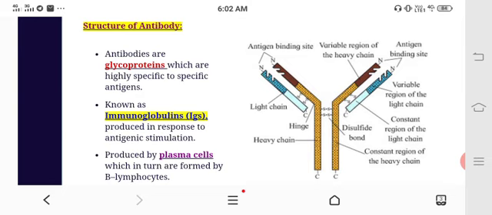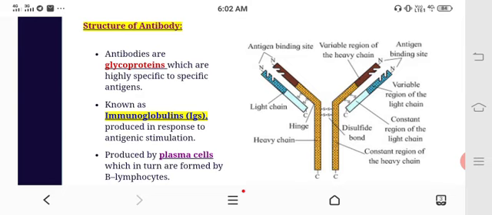These chains are held together, between the H chains and light chains, and the L chains and H chains. So these four polypeptide chains are held together by means of disulfide bonds, S-S, and form a Y-shaped structure.